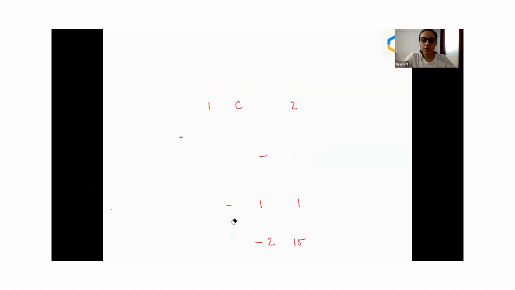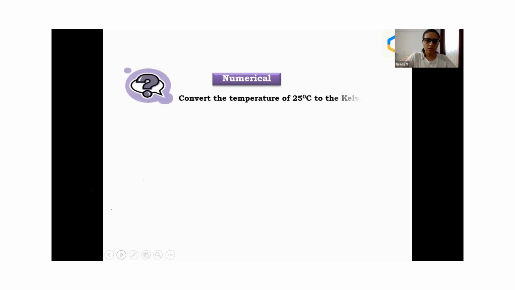These conversions we used to do in the primary classes as well. Now it's become easier because now they'll ask you about degree Celsius to Kelvin. Okay, here is the first question.